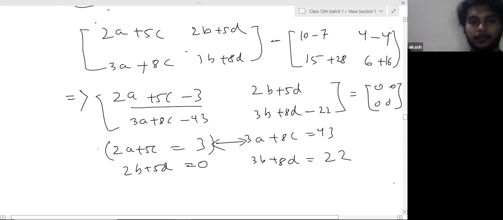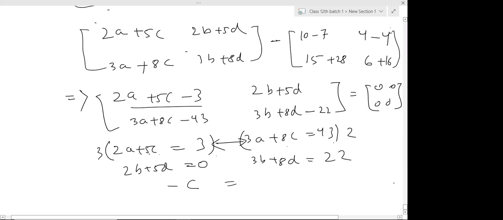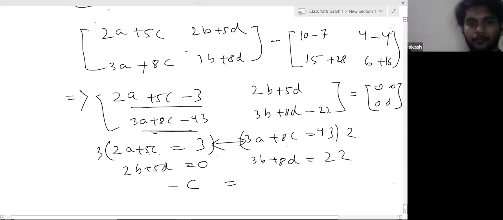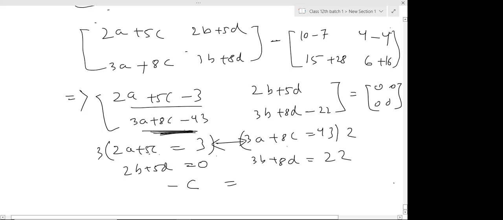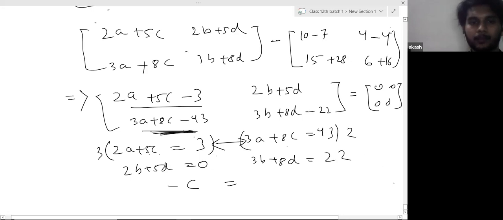Multiply this equation by 3 and this equation by 2, and if you subtract, A is cancelled. 3 times 5C is 15C, 2 times 8C is 16C, and if you subtract, you get minus C. Now 9 minus 86 is negative 77. Did I write it wrong? No, I guess this is right.